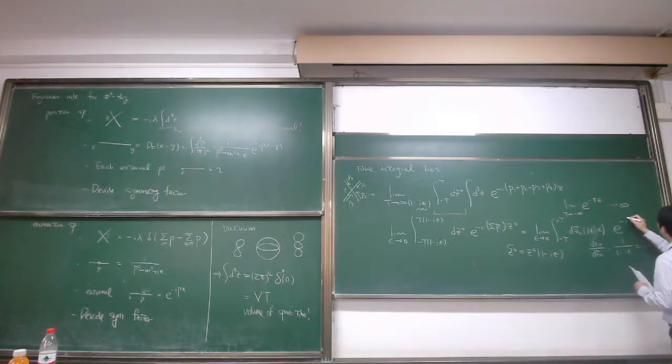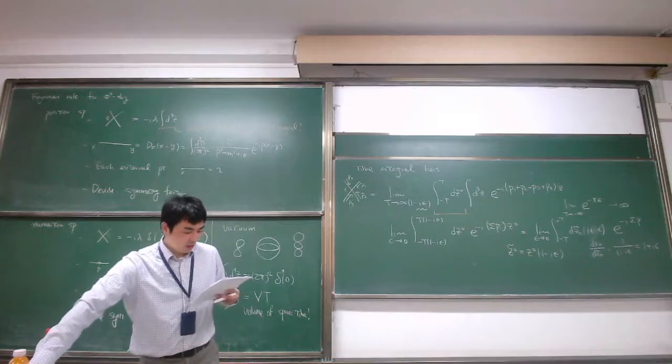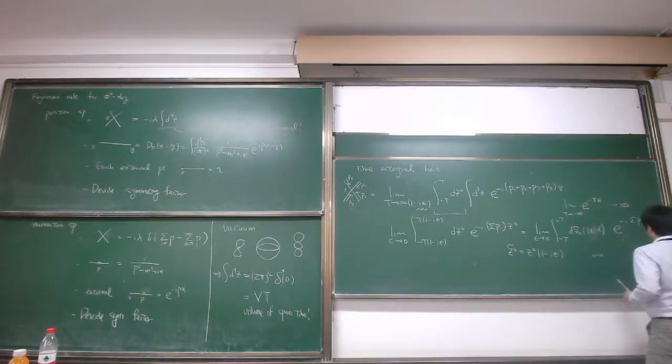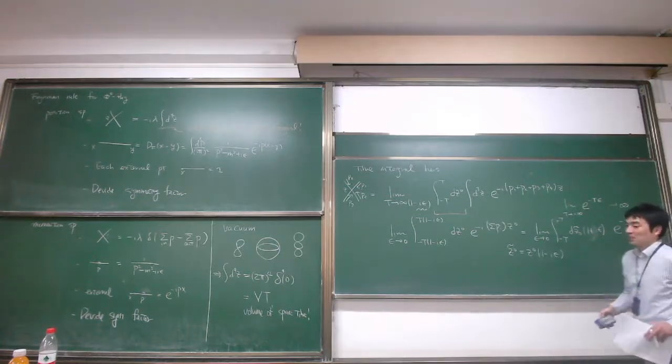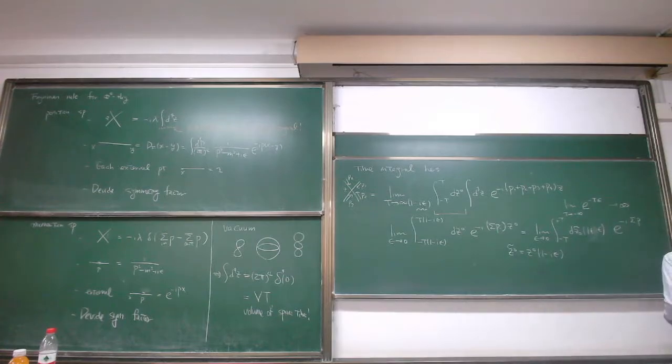So here, minus i sum of p0. I think there are a lot of typos in here. And z0 tilde times (1 minus i epsilon).